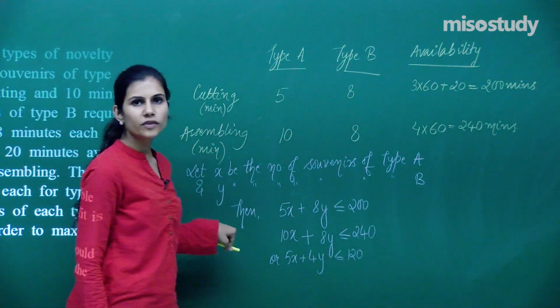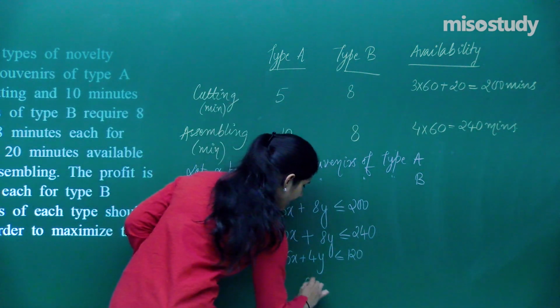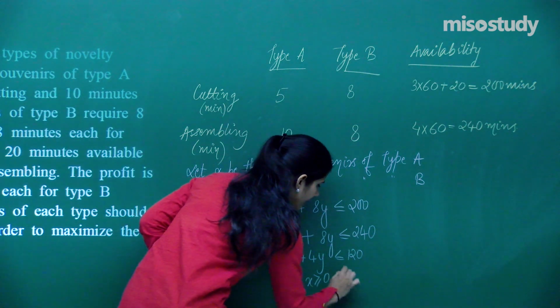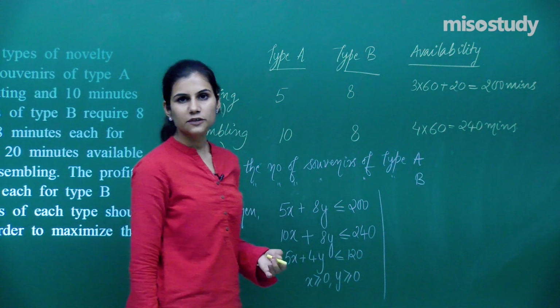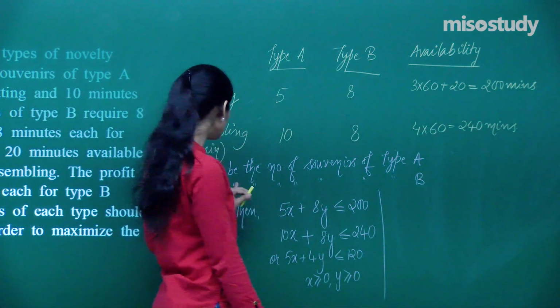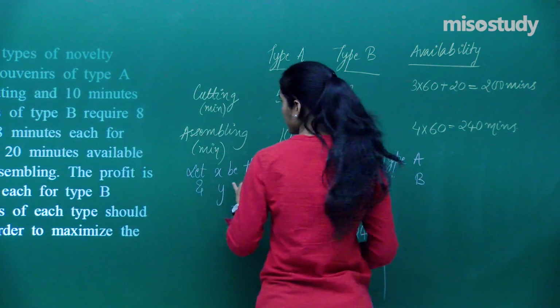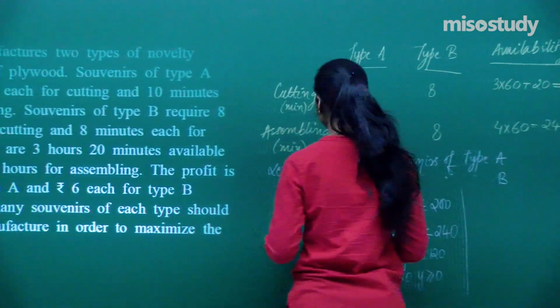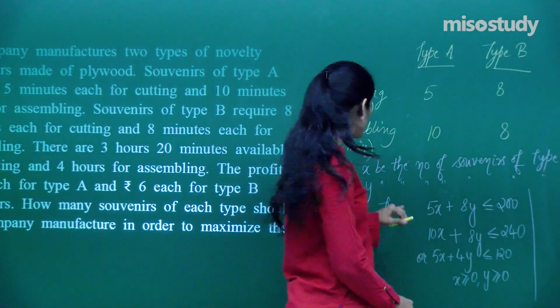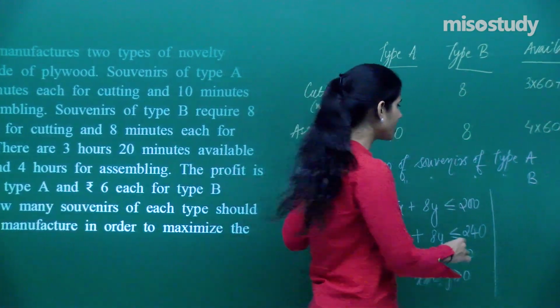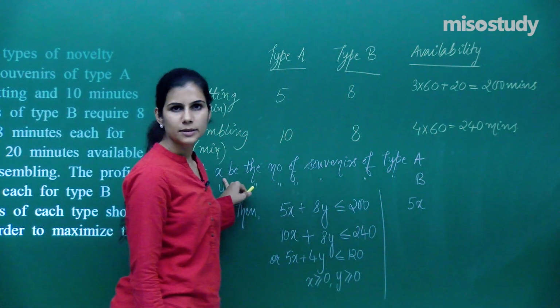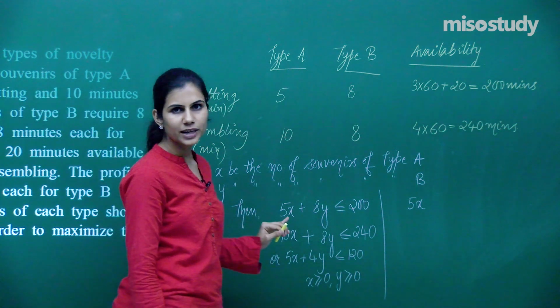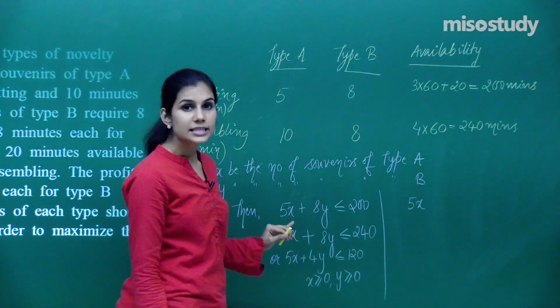Moreover, the number of souvenirs can never be negative. So, I have x greater than or equal to 0, y greater than or equal to 0, and my objective function is to maximize the profit. On one souvenir of type A, this manufacturer is earning 5 rupees profit. So, if he manufactures X souvenirs of type A, he will be earning 5x rupees profit. On one souvenir of type B, the manufacturer is earning 6 rupees profit.